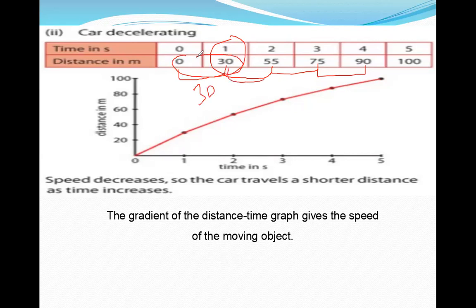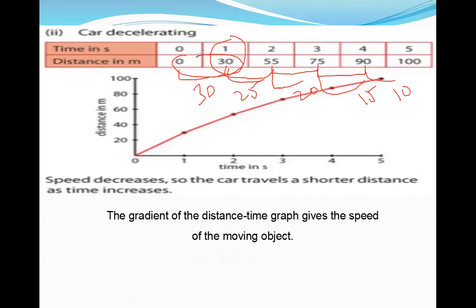From 30 to 55, it's 25. From 55 to 75, it's 20. From 75 to 90, it's 15. From 90 to 100, it's 10. The rate of increase is decreasing. That's why the gradient is decreased.